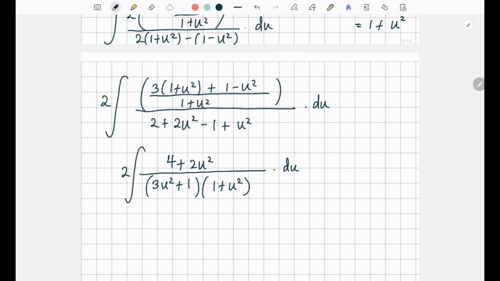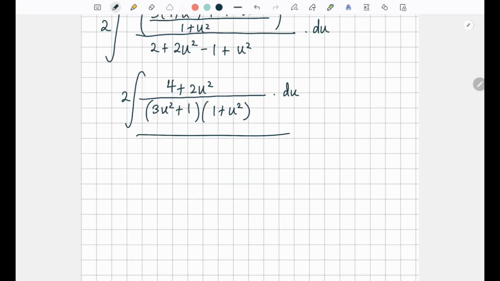Now since we have this fraction, we'll have to break this down into partial fractions. Coming up with the partial fraction for this is a bit complex. So an easier method you could follow is you could do 2u squared plus 4 over u squared plus 1.